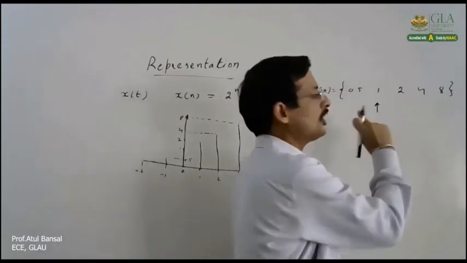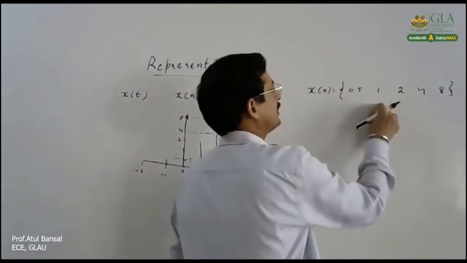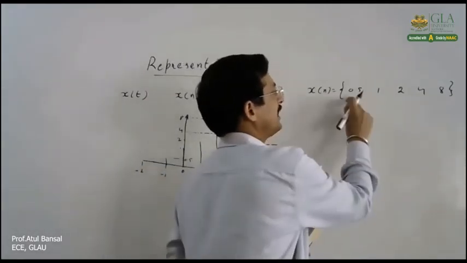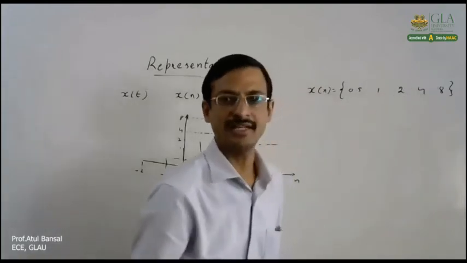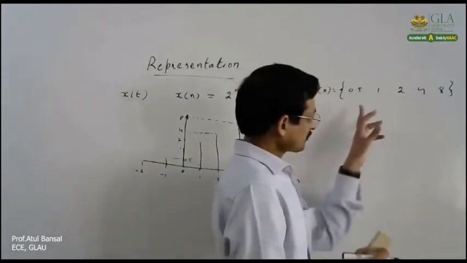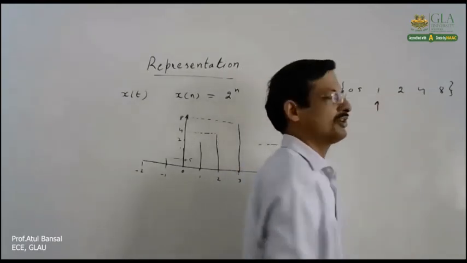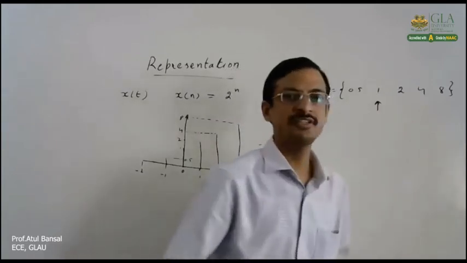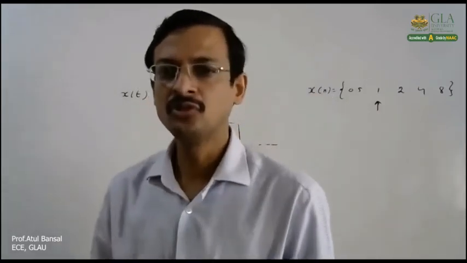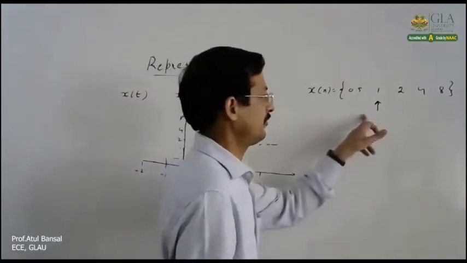If you do not mention this arrow, by default, it is assumed that the first value is at n equal to 0, and this is at 1, 2, 3, 4, like that. So this arrow has much importance, and you should not forget where the arrow is, because it will tell you where n is equal to 0 and when it is n equal to 1 or minus 1, and what that value is.